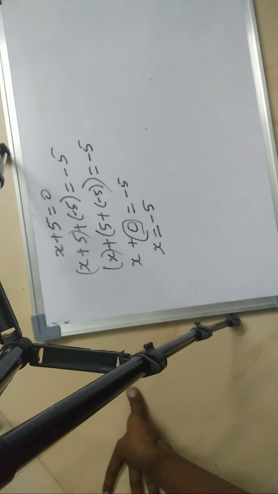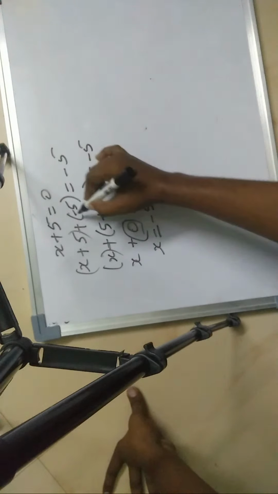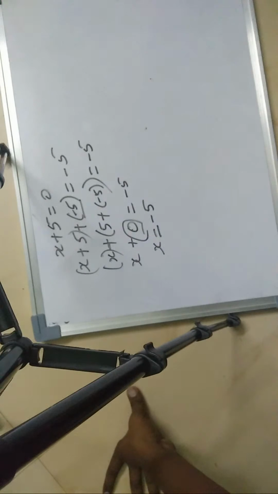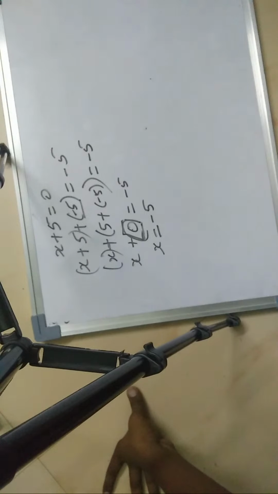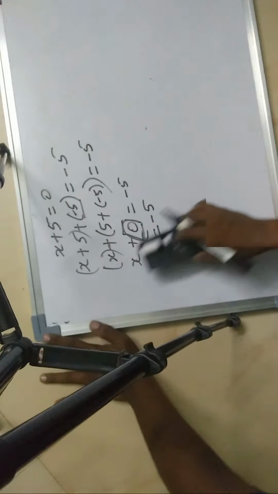So what we did was, given any element, we are searching for another element which when added with it gives us something like 0, which has a property that when you add any element with 0, you get back the same. Right? So we define what is a group now.